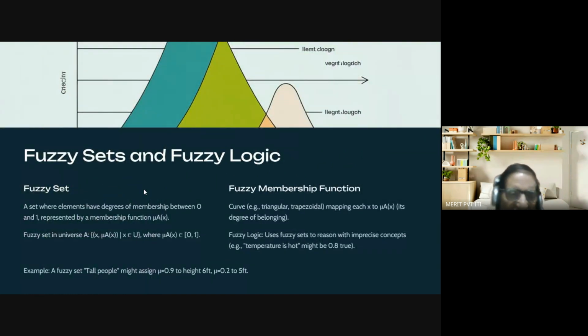A fuzzy set is a set where elements have a degree of membership between 0 and 1, represented by the membership function mu_A(x). A fuzzy set over universe U has mu_A(x) in [0,1], with a curve, for example triangular or trapezoidal, mapping each x to its degree of belonging.